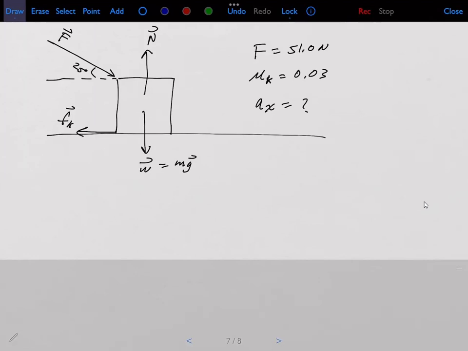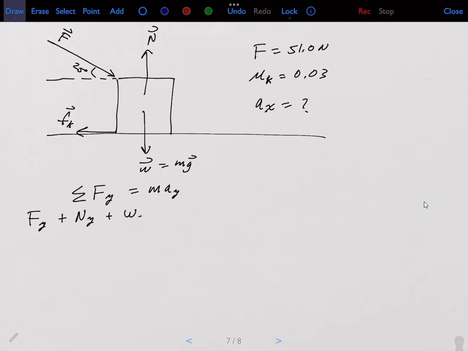Okay. So again, let me write out Newton's second law for the y direction first. So the sum of the forces in the y equals may. So I want the y component of the applied force plus the y component of the normal force plus the y component of the weight plus the y component of Fk.